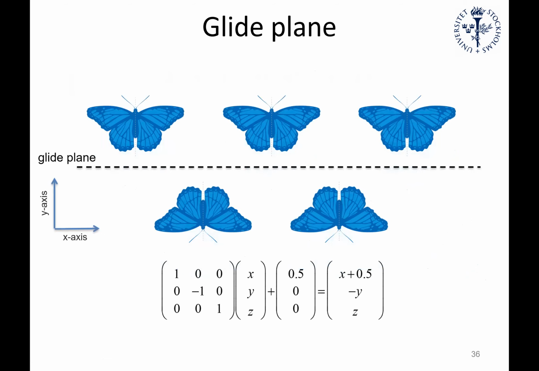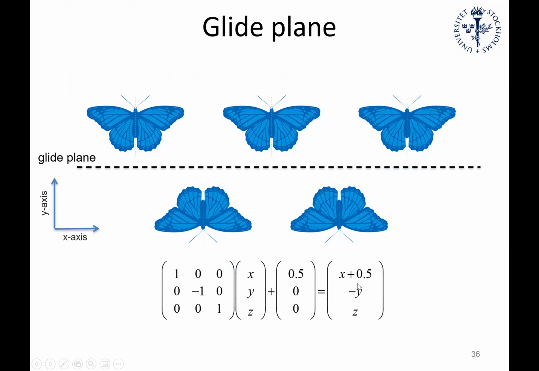So again, we can use matrices to describe this. We have a combination now. Here, this 3x3 matrix describes a mirror plane perpendicular to the y-axis, plus we have that translation of half a unit cell along the x direction, unit cell parameter a.